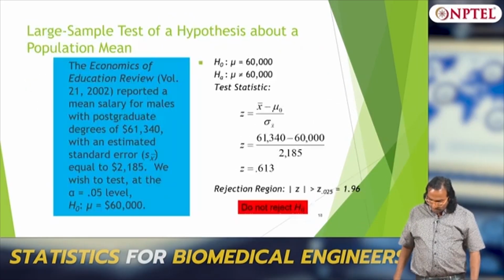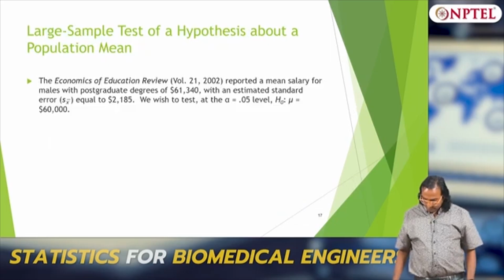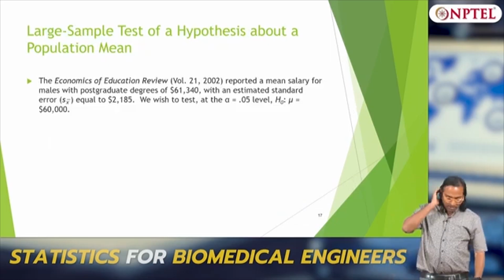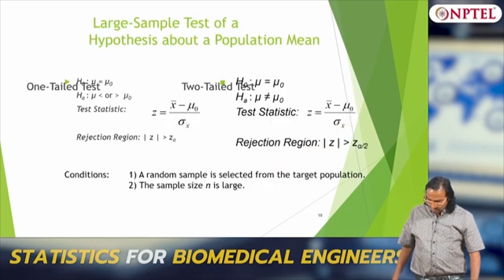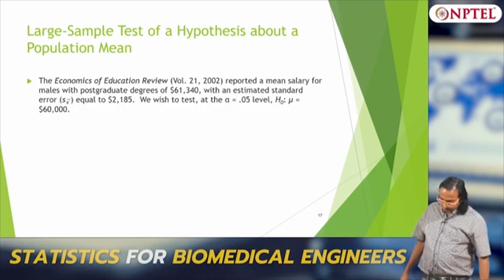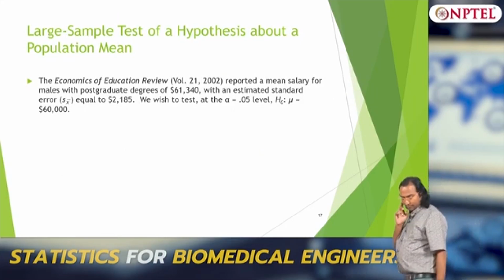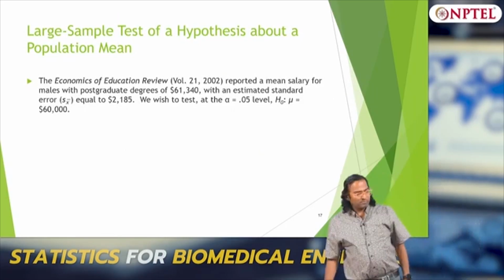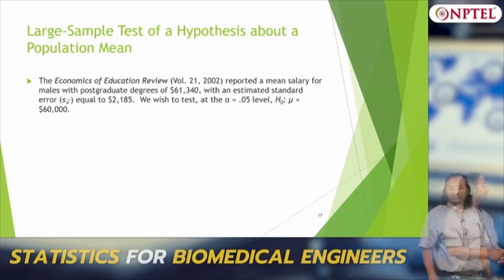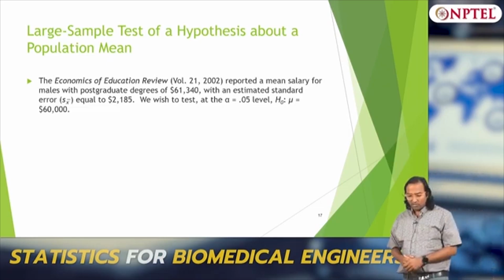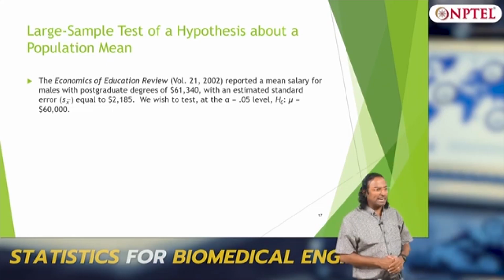So can we do another problem? I will at least do 2 problems, then you are at least clear about it. Can we solve this one? See, I have given you in this case an estimated standard error.